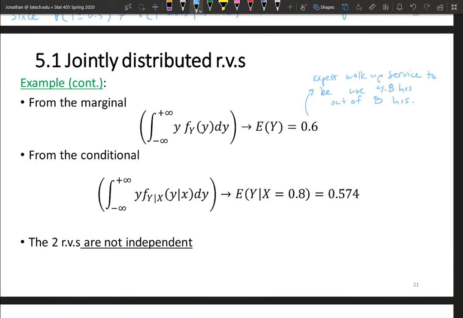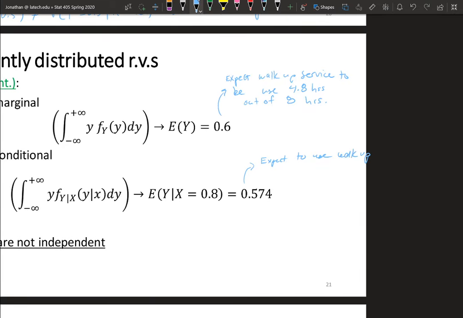Now, given that x is 0.8, how much time do we expect to use the walk-up service? Well, we expect to use walk-up service just a little less than 4.8 hours. So I'm going to punch that in.